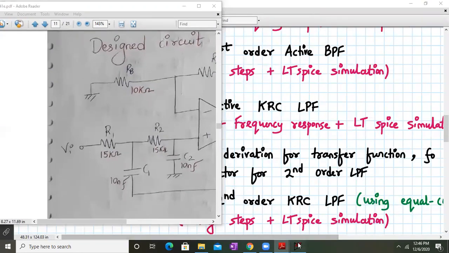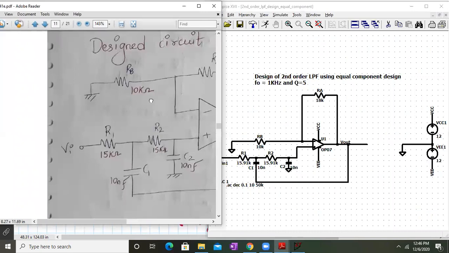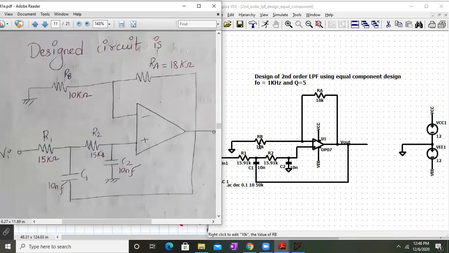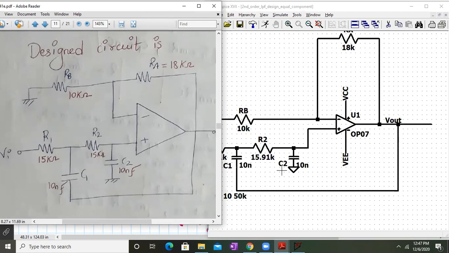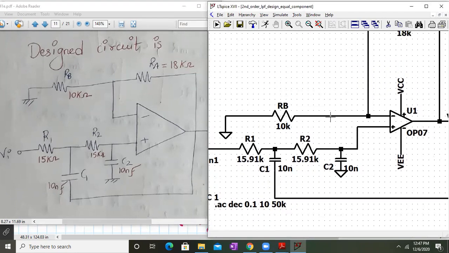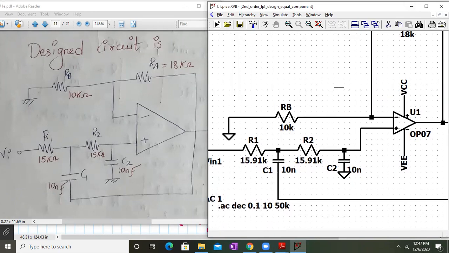The values are as follows: RA was 18K, RB was 10K, and for R1 and R2 we have substituted the values which we have calculated, not the standard values, because in LT-Spice we can select any resistor value. But when you do it on the breadboard, see to it that you take the nearest standard value close to 15K. C1 and C2 are given as 10 nanofarad, and now let's check its frequency response.